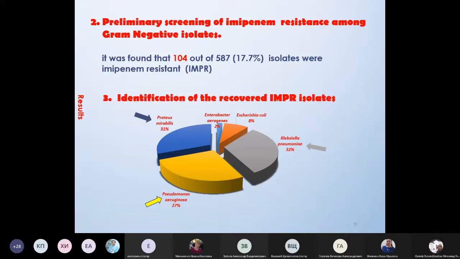Among them, it was found that about 104 of these isolates were imipenem-resistant, including Klebsiella pneumoniae, Proteus mirabilis, and Pseudomonas aeruginosa. All of these isolates were imipenem or carbapenem resistant.